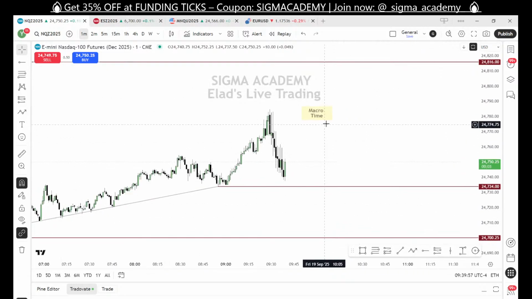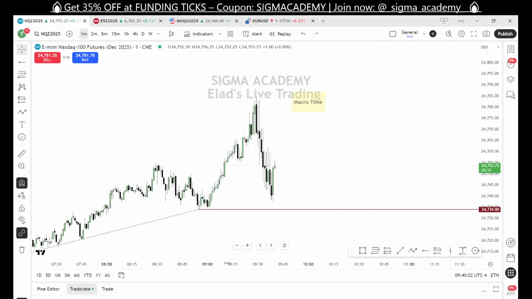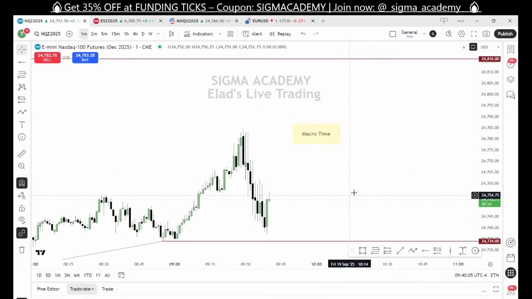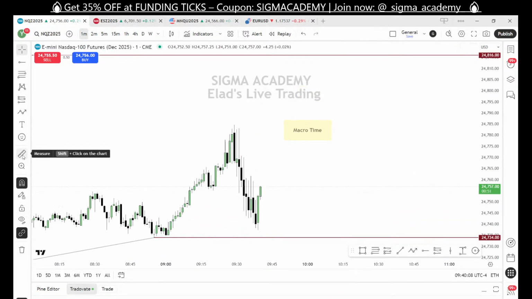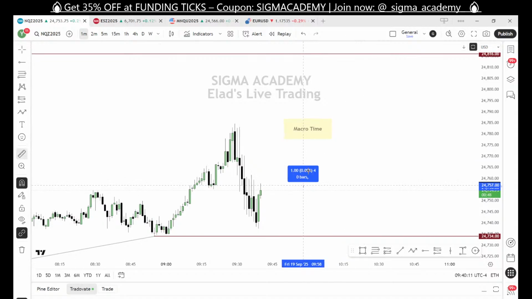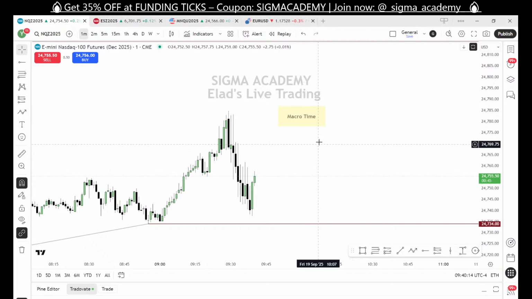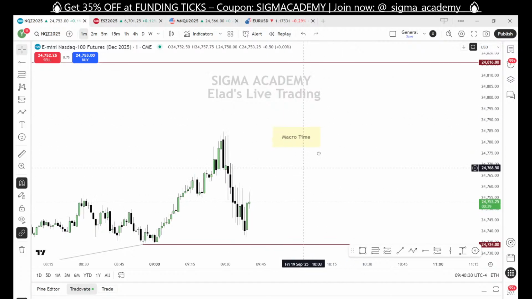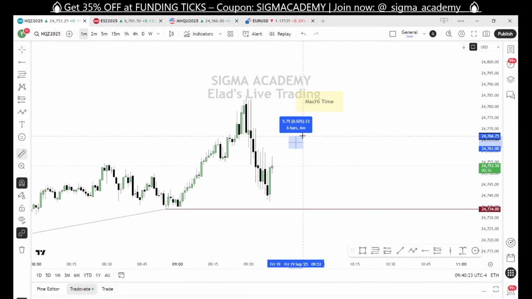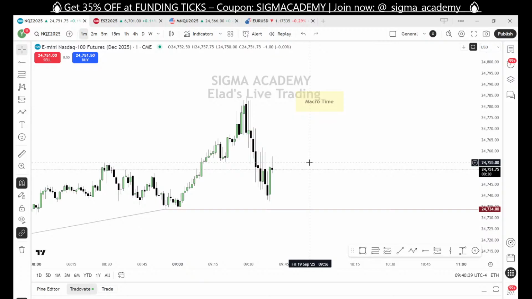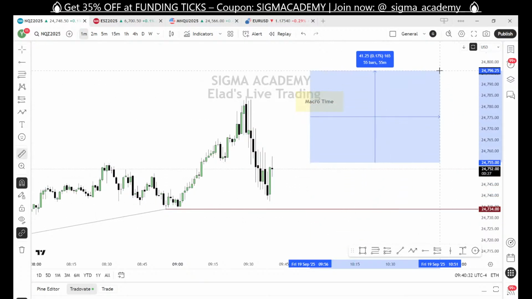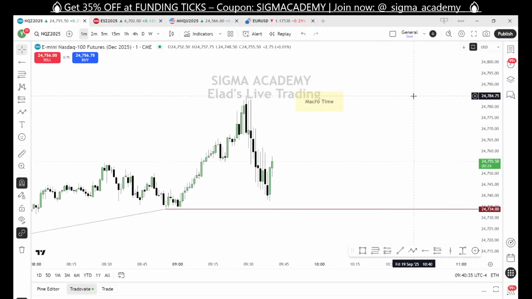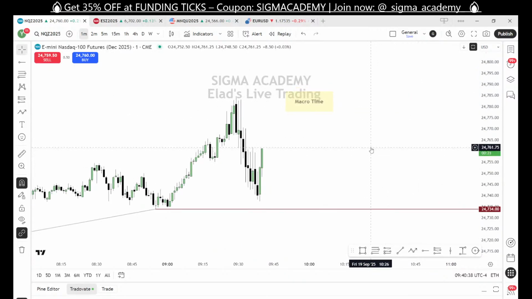We should wait for now. This is where I would prefer to take my action. Now we have a little bit more speed. We're attacking.